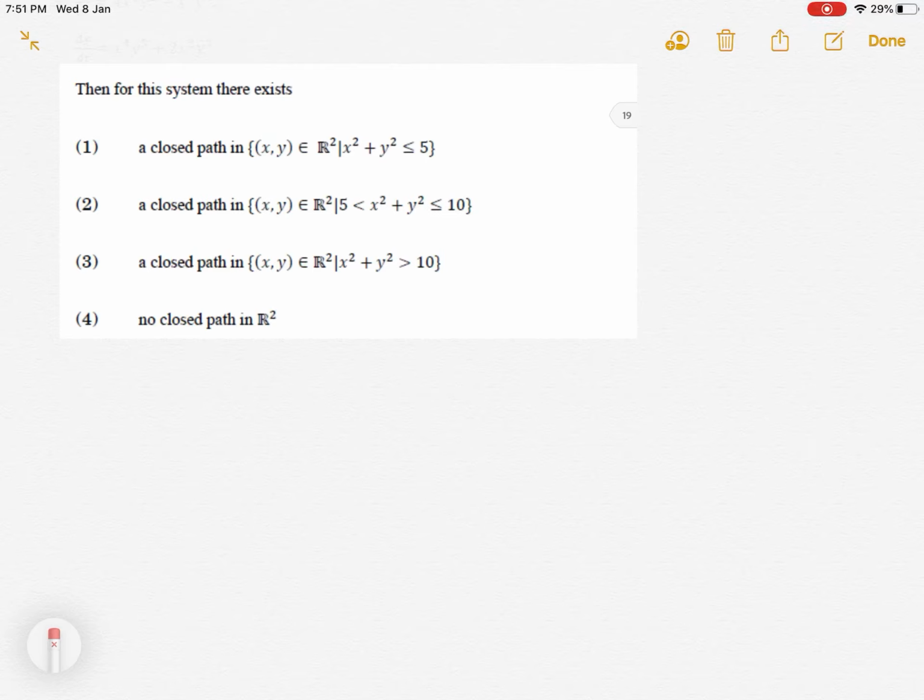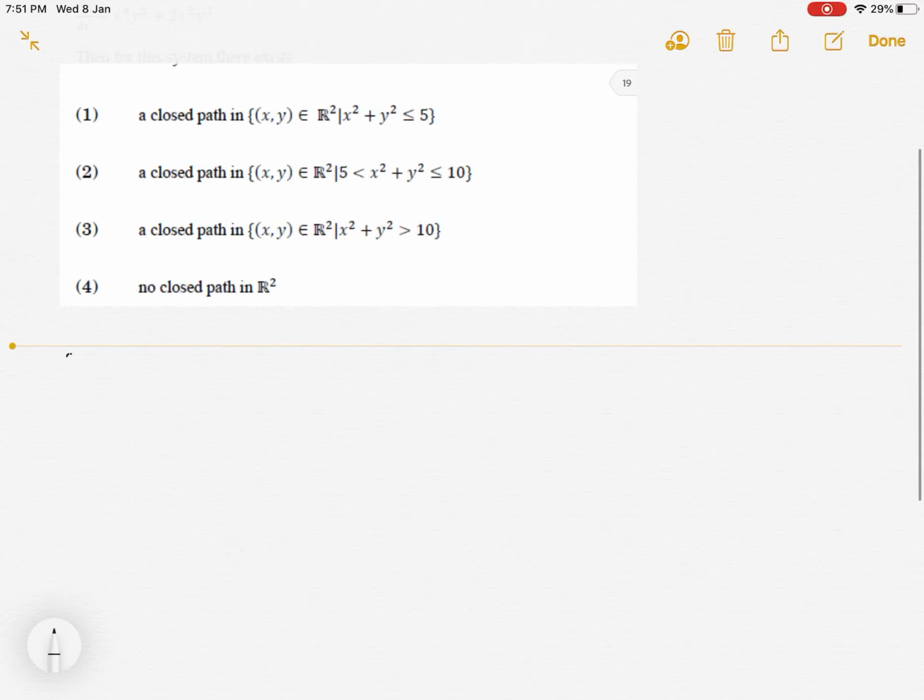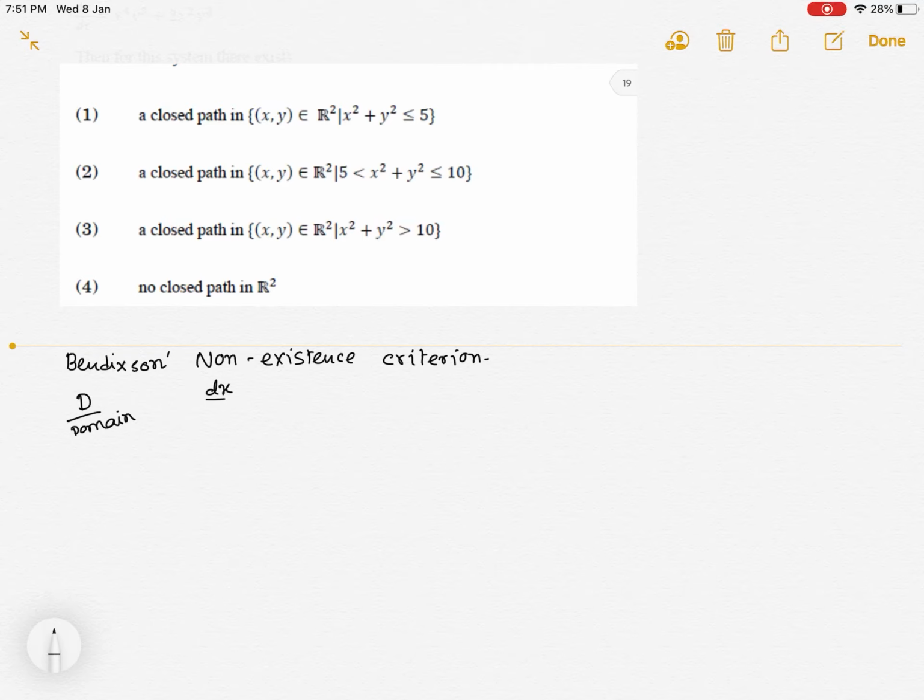Suppose D is a domain, and in the xy plane consider an autonomous system dx/dt = p(x,y) and dy/dt = q(x,y), where p and q are both continuous functions over this domain, and their first order partial derivatives exist.